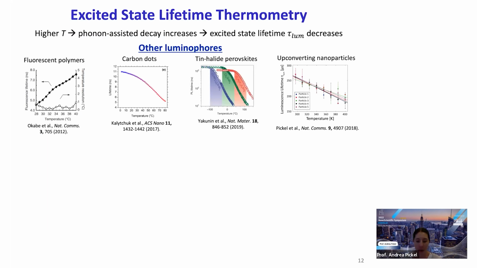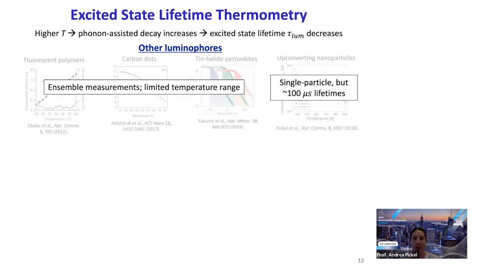So excited state lifetime thermometry has been demonstrated using a number of other luminescent materials, including upconverting nanoparticles, which is something that I actually worked on during my PhD. For most of these materials, all the existing measurements have been performed using ensembles or large groups of these nanoparticles, which means that these measurements lack the nanoscale spatial resolution that a single point measurement can provide.